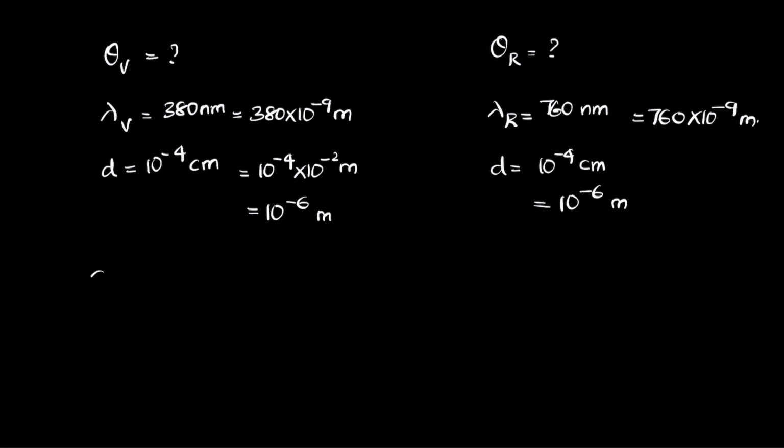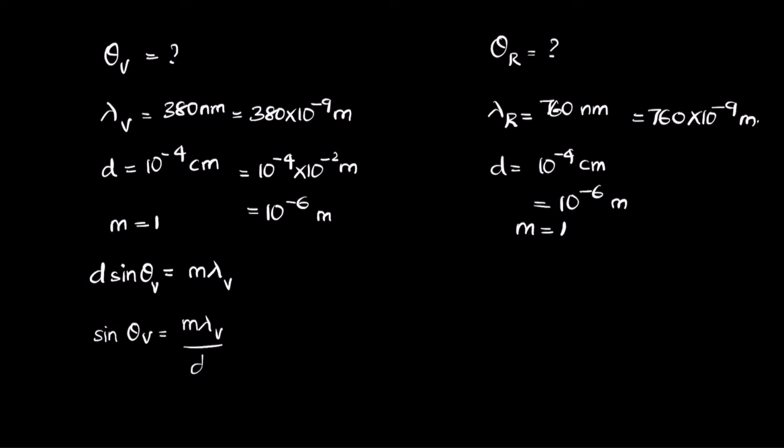Now we know the formula is d sine theta equal to m lambda. They have asked for the first order interference, which means that m is 1. So d sine theta v is equal to m lambda v, and we need theta v. So sine theta v is equal to m lambda v by d, which is 1 times 380 times 10 power negative 9 over 10 power negative 6.